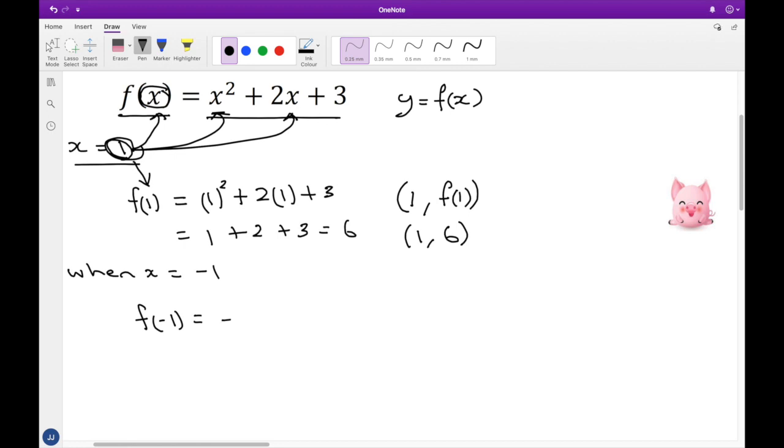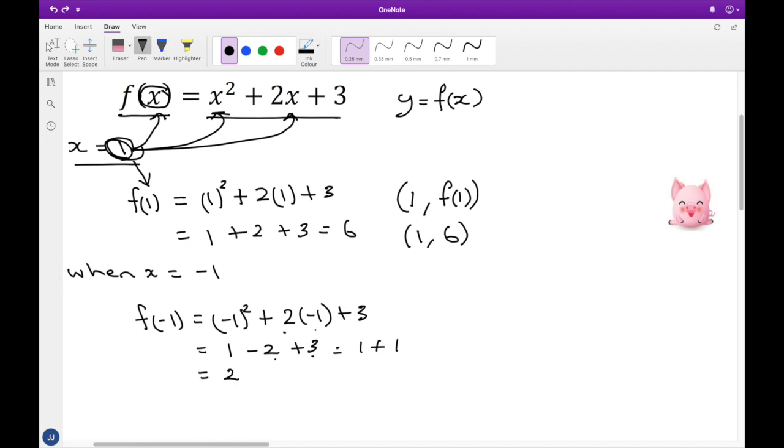So it'll be x squared plus 2x plus 3. And what I'll have here is -1 squared is 1, and then 2 times -1 will be -2, plus 3. 3 minus 2 is plus 1, so therefore the answer here is 2, right?